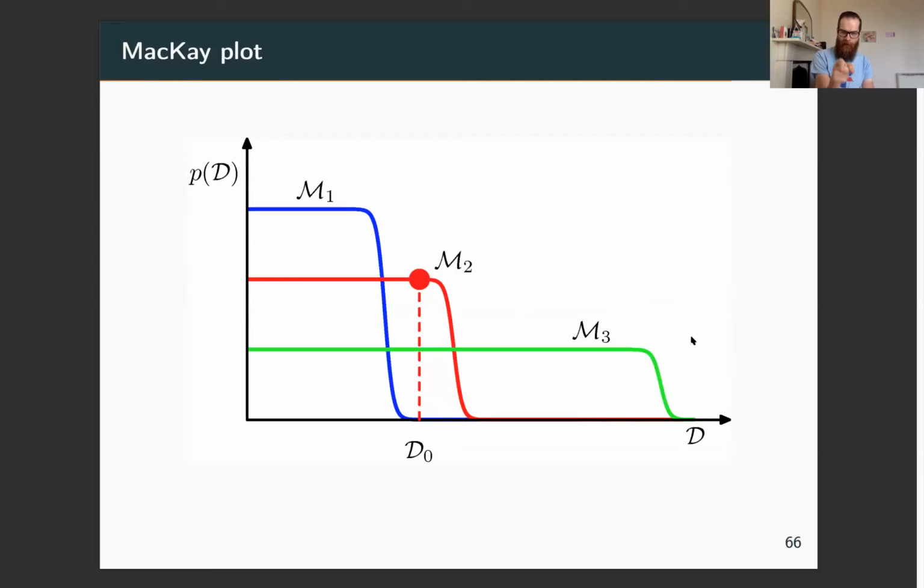If I now have data at d0, and I have 3 models which place probability mass in these different places, the model that I should choose, the model which is the highest according to P of D, is M2, because it places probability mass just where it should, while M3 explains too many things and M1 explains too few. There's a great plot that David Mackay did, and here it's stolen from Chris Bishop's book.